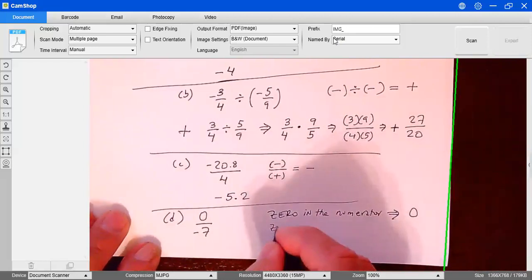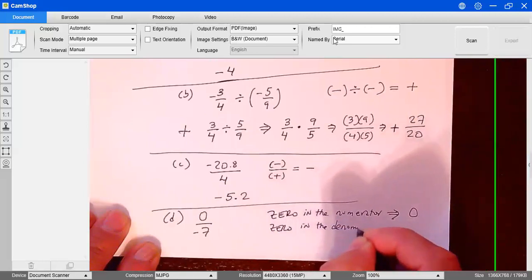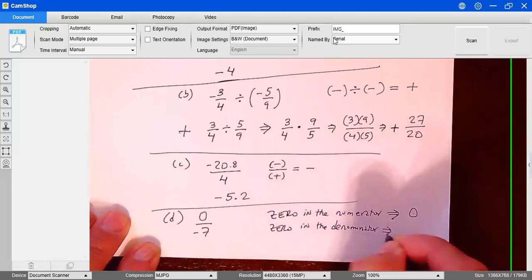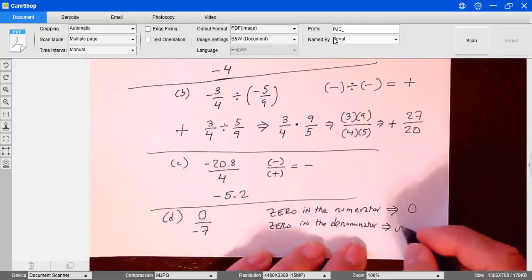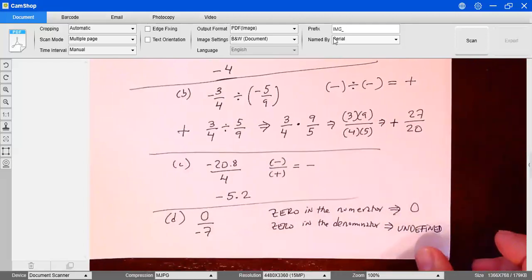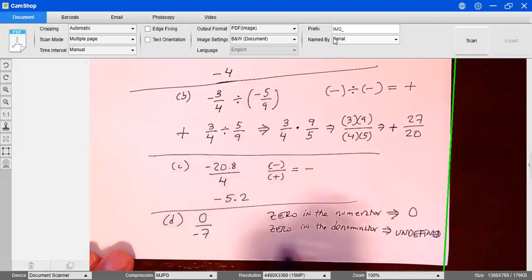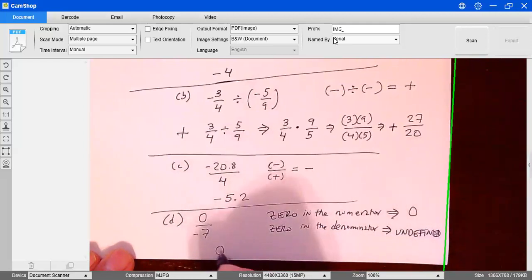When you have 0 in the denominator, the answer is undefined. So don't forget these rules. When you have 0 here, 0 is the answer. But if you have 0 in the denominator, regardless of the number that you have in the numerator, that is undefined. So in this case, the answer is 0.